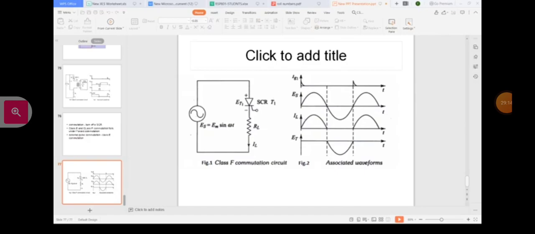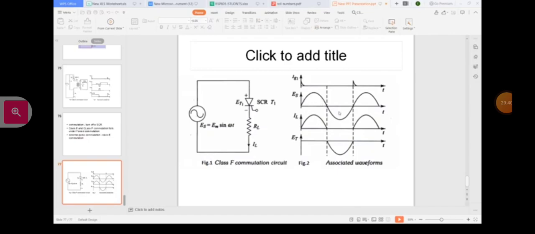Now you can observe that this is a positive half cycle and this is a negative half cycle. During the positive half cycle, current flows through the SCR, and during the negative half cycle, it is called the negative half cycle because it is below the x-axis, in the negative region.